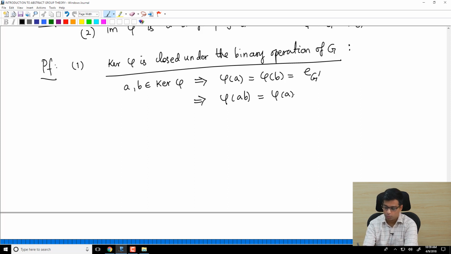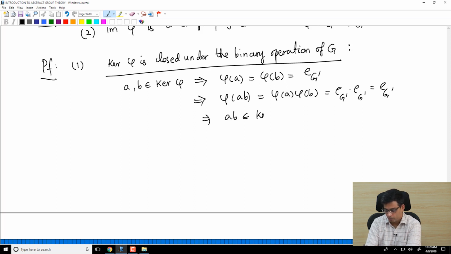By the property of a group homomorphism, it is the same as phi of A times phi of B, which is EG prime times EG prime, which is EG prime. So AB maps to EG prime, so AB is in the kernel phi. We started with two elements in the kernel and concluded that their product is in the kernel.